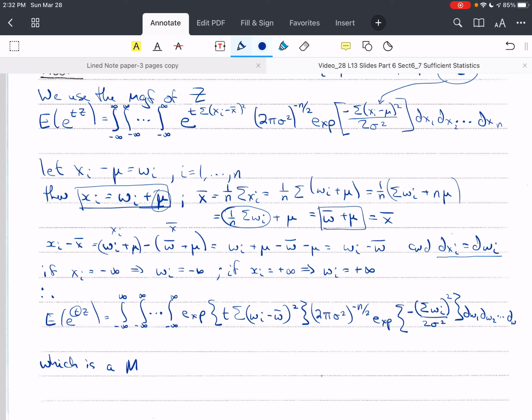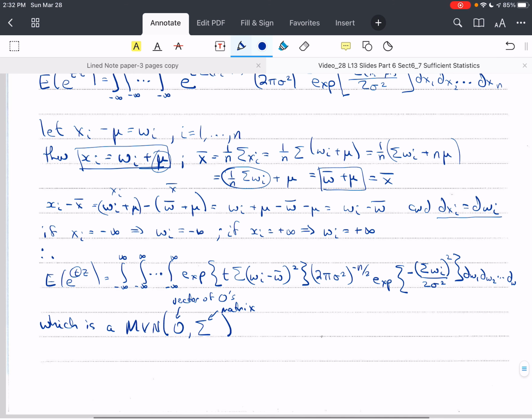This is a multivariate normal distribution with mean 0, a vector of zeros, and variance sigma, which is a matrix.